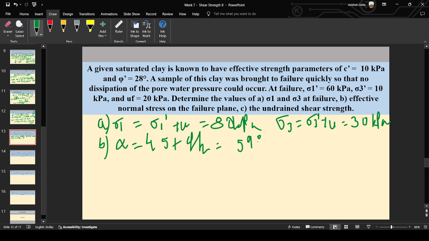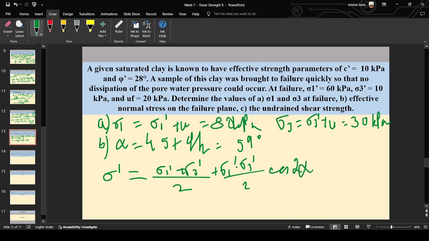Effective normal stress sigma dash equals, using the effective parameters, sigma 1 dash plus sigma 3 dash divided by 2, plus sigma 1 dash minus sigma 3 dash divided by 2 times cos 2 alpha. Sigma 1 dash is 60, sigma 3 dash is 10, alpha is 59 degrees. Putting in the values, we get approximately 23.26 kilopascal.